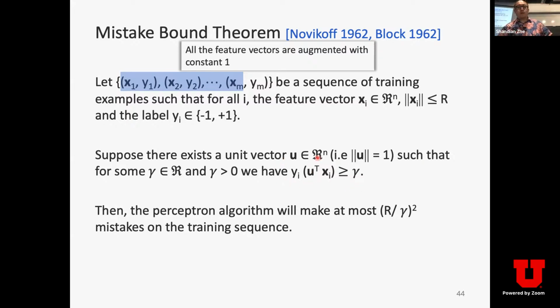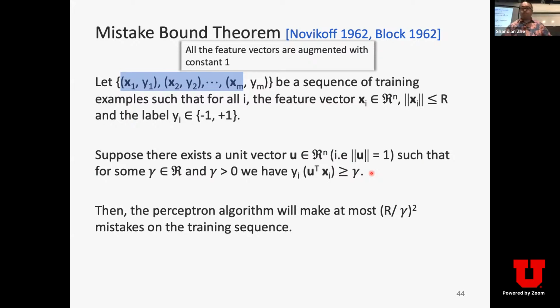So what does this inequality mean? For every training example xi, yi, we got this inequality. What does it reflect? The minimum distance, which is the margin. So basically we assume that the data set is not only linearly separable, but there exists some separating hyperplane, and the distance between every training example in this data set and this separating hyperplane is no less than gamma. So that means the margin is gamma.